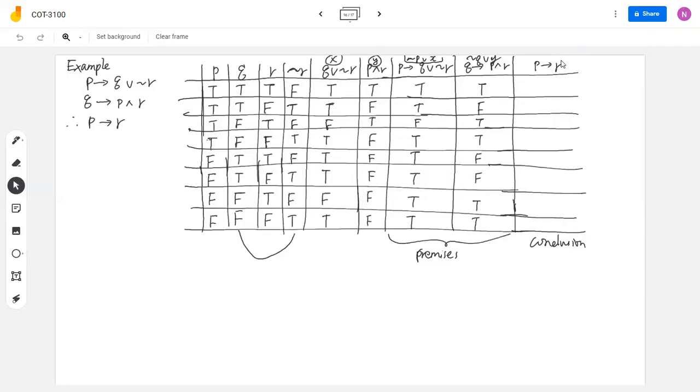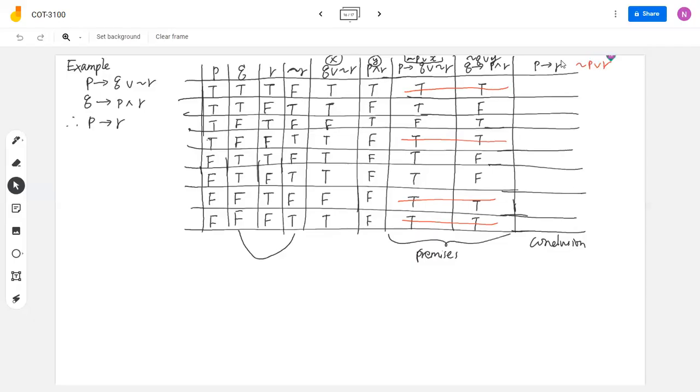So we only need to check these 4 rows. That means we don't need to bother computing the truth value of P implies R for the other 4 rows. Remember, P implies R is equivalent to not P or R.